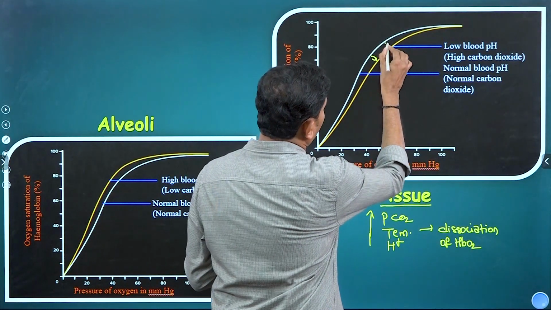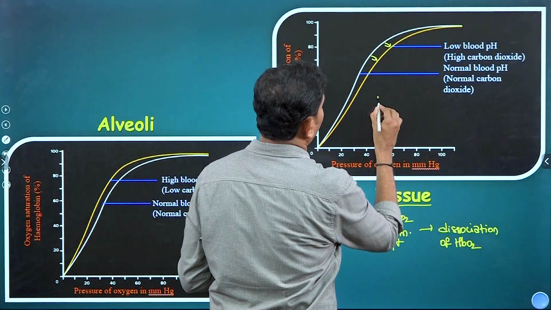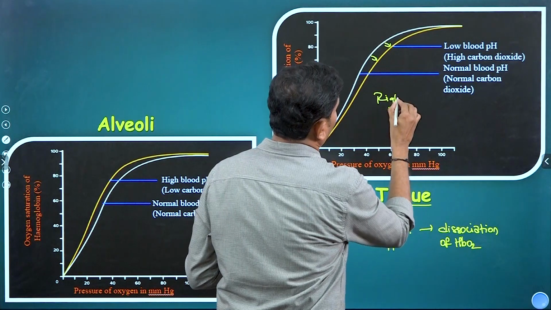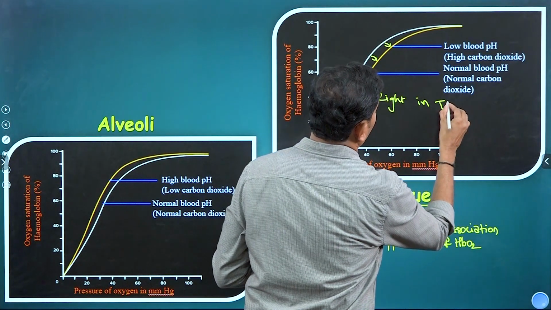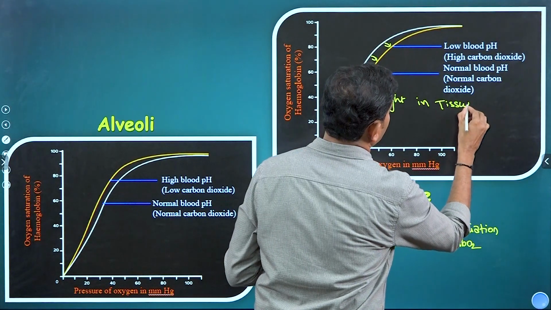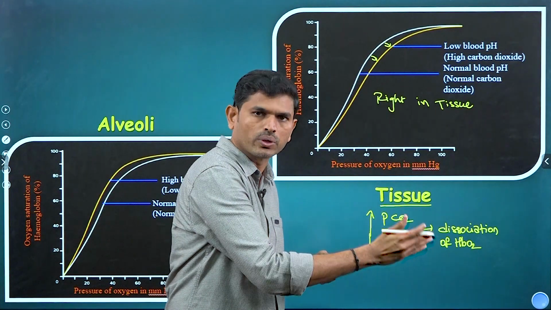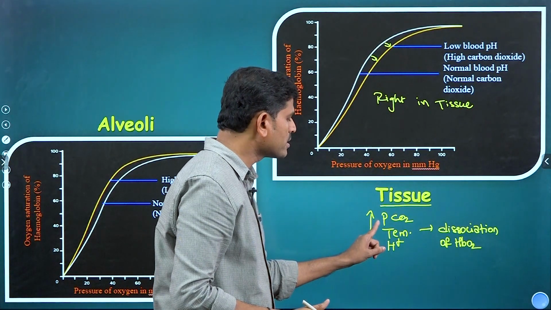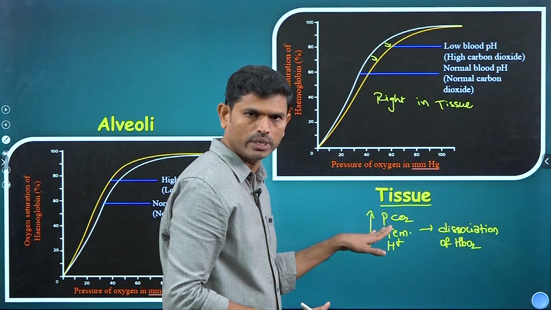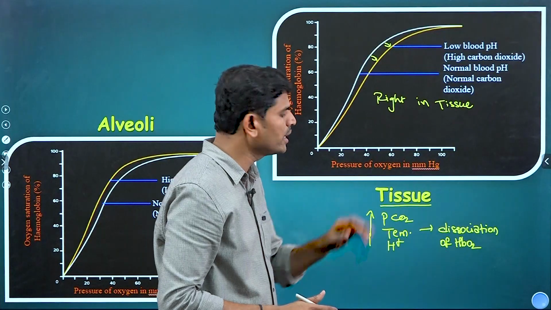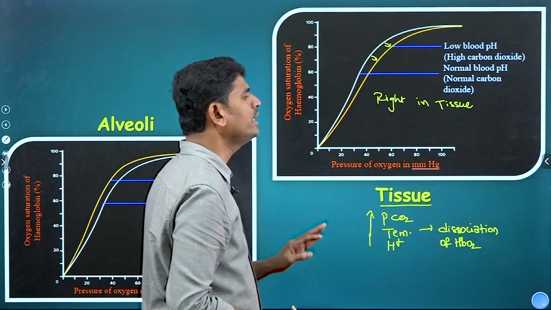That means the graph will be shifted to the right side. So shifted to right, that is in tissues. In tissues the graph is shifted to the right because the partial pressure of CO2, temperature and H plus ions are more. That's why these favor the dissociation, and the percentage of saturation automatically decreases.